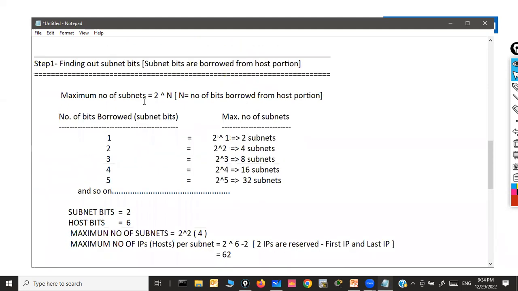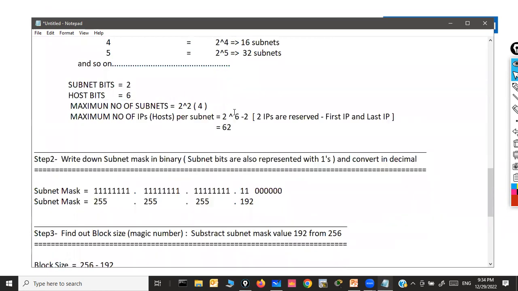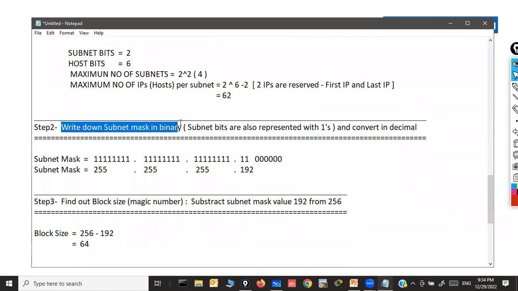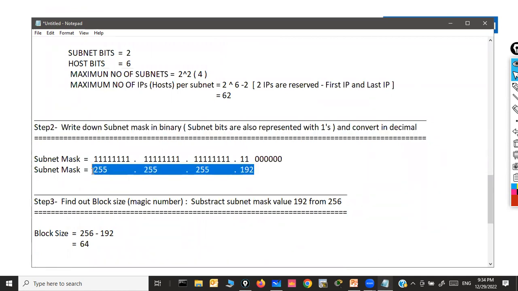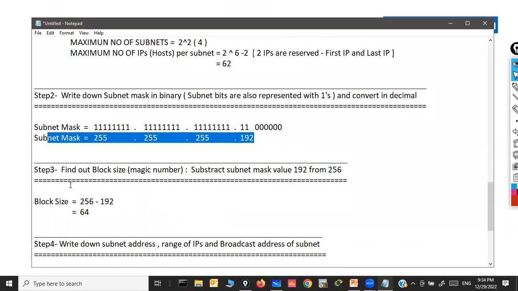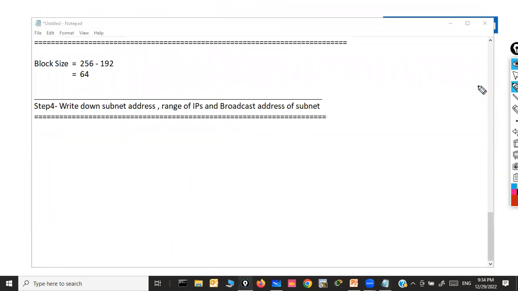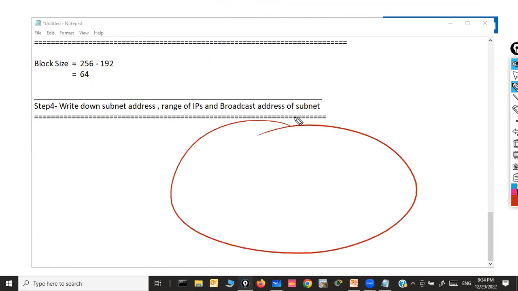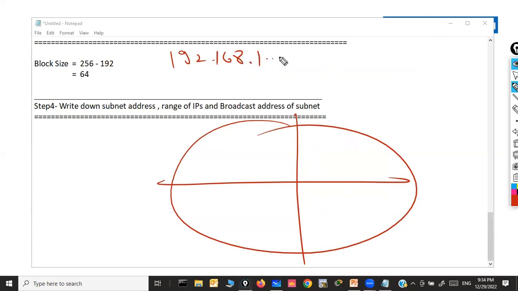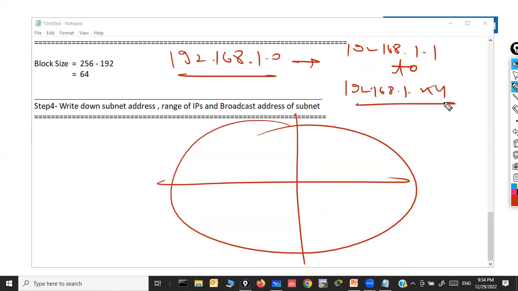So we started with step number 1, finding out subnet and host bits, then writing down the subnet mask in binary and then doing decimal conversion. Third step, finding out block size. Now the question here is, if a network is divided into 4 subnets and the original network was 1.0, meaning valid IPs starting from 1 to 254, a single network of 254 IPs, right?